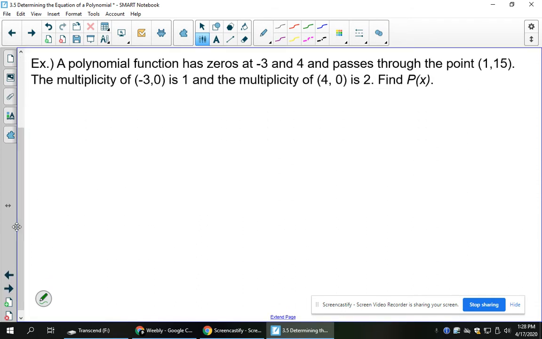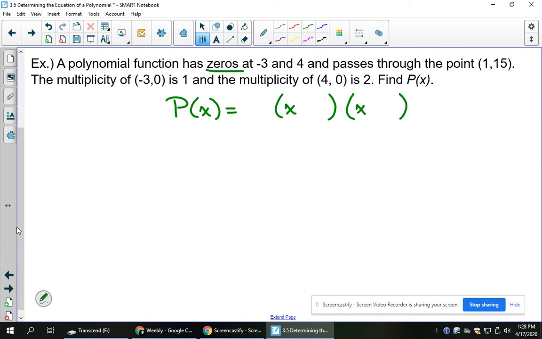First example, a polynomial function has zeros at -3 and 4 and passes through the point (1, 15). The multiplicity of (-3, 0) is 1, and the multiplicity of (4, 0) is 2. Find P of x. So what we know here is the zeros. So when we put these in the polynomial function, we're going to have brackets that have x.